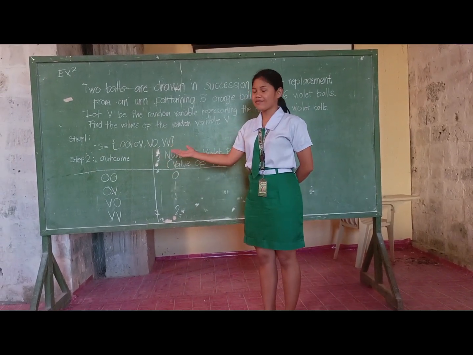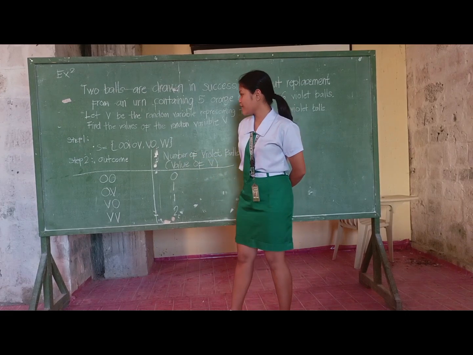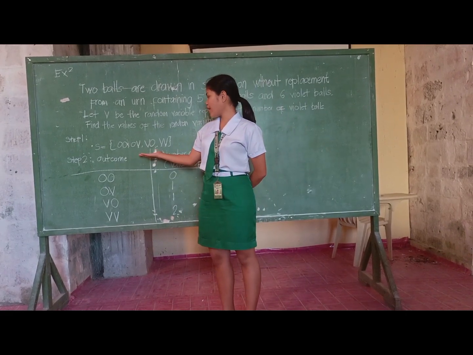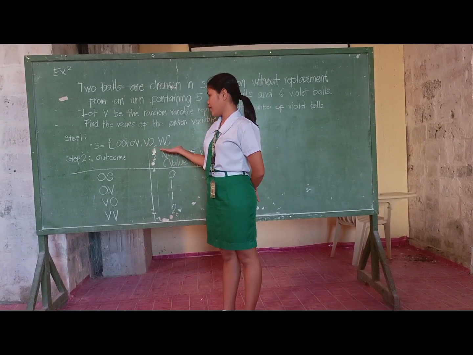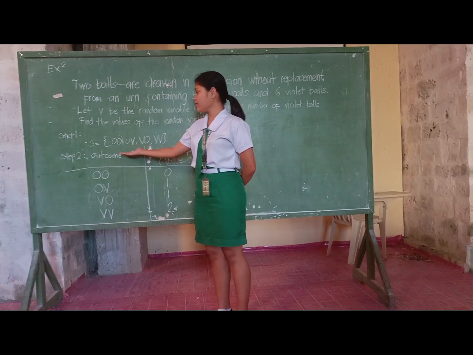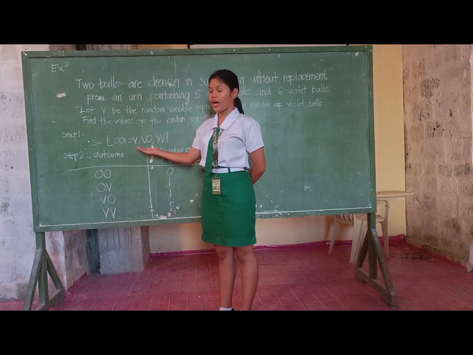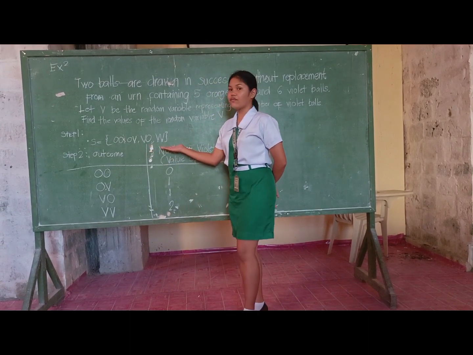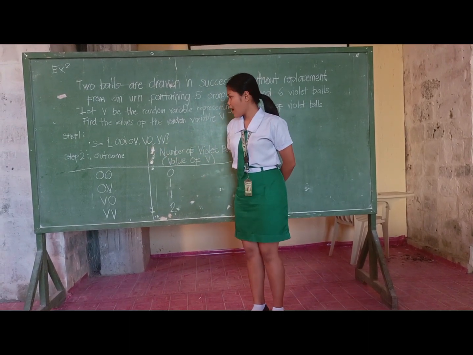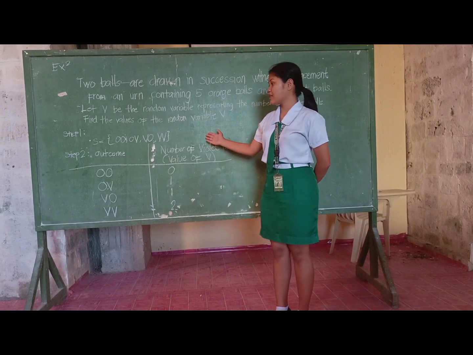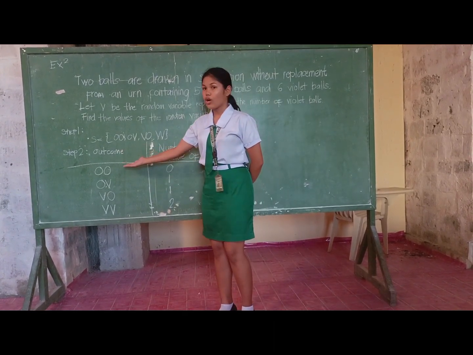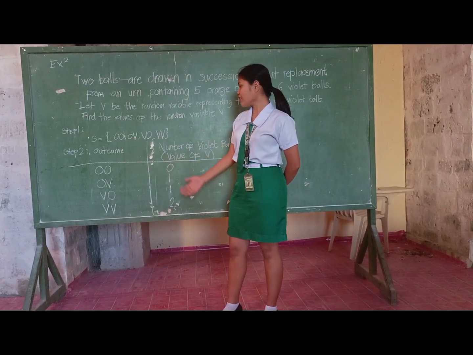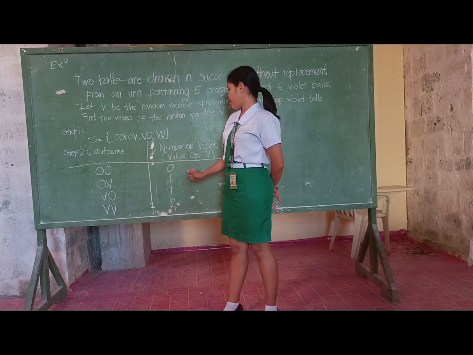List the sample space, which is OO, OV, VO, VV. OO for orange and orange, OV for orange and violet, VO for violet and orange, and VV for violet and violet.